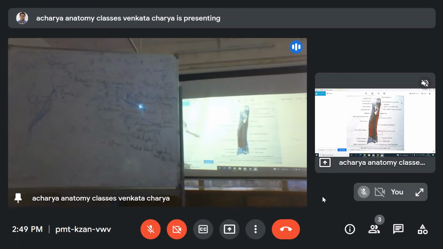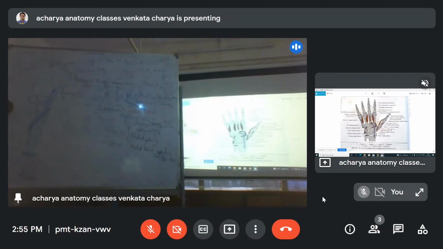Finally inserted into the lateral side of the base of the first metacarpal bone. That is the abductor pollicis longus.